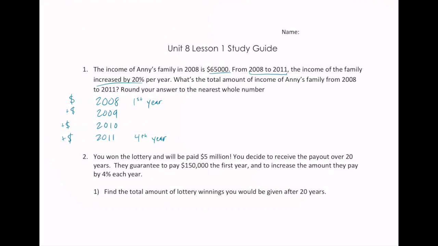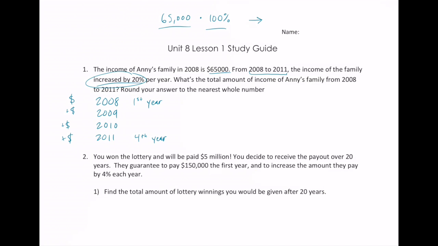So every year, the amount of money is being multiplied. So if I'm starting with $65,000 and I want to keep that the same, I can multiply it by 100%. So if in 2008, the income was $65,000, and we keep it at 100%, that means the next year in 2009, it's also going to be $65,000.